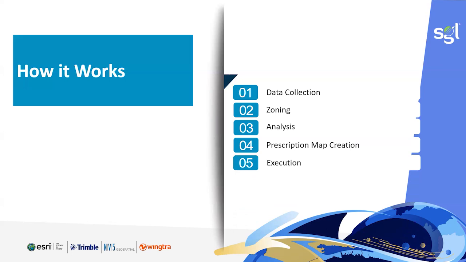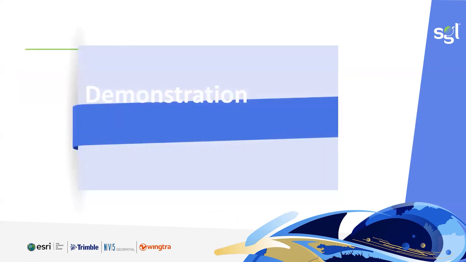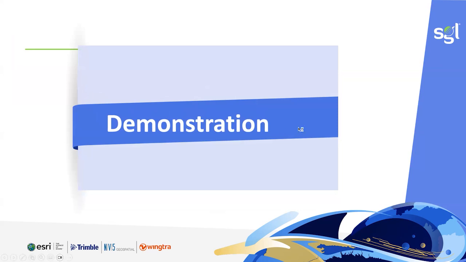You upload this map to any GPS enabled device, or any GPS enabled farm equipment like a tractor, for variable rate application. So that's all. Without wasting our time, let's go straight into the demonstration.